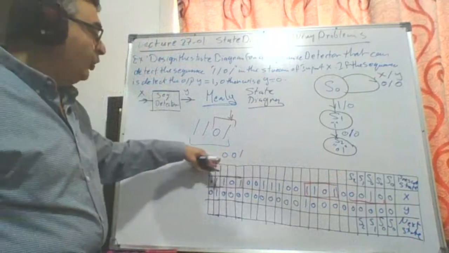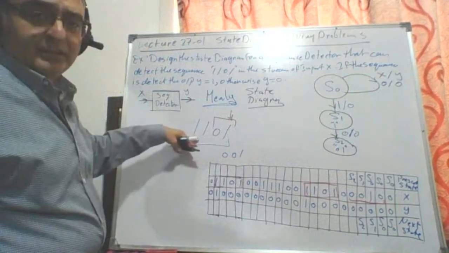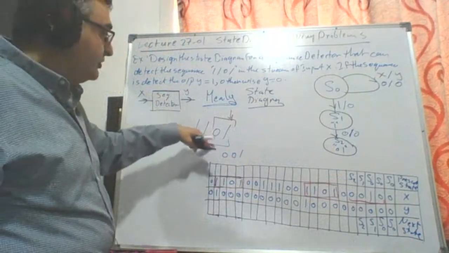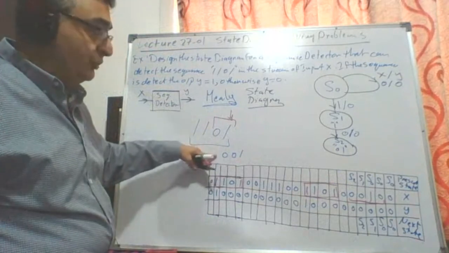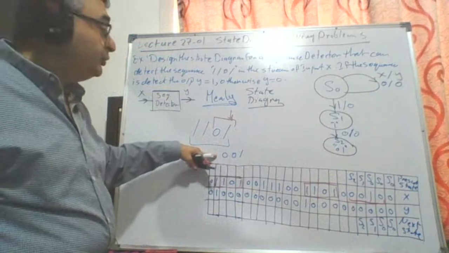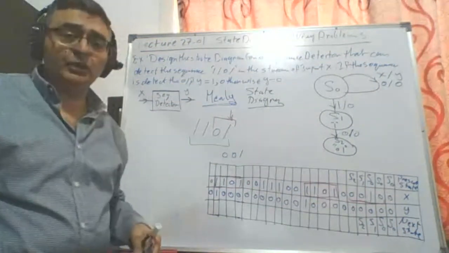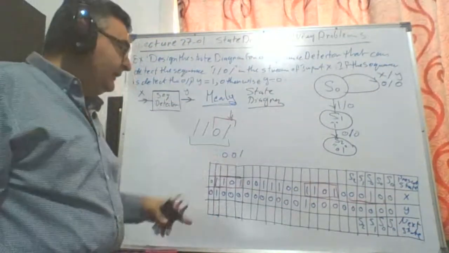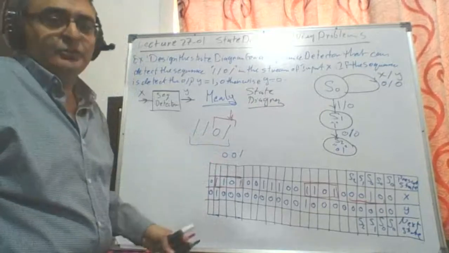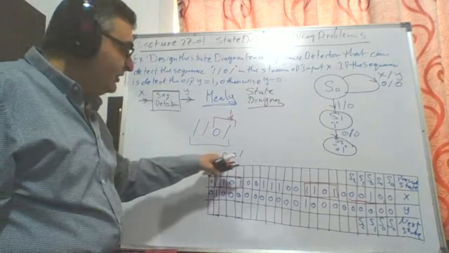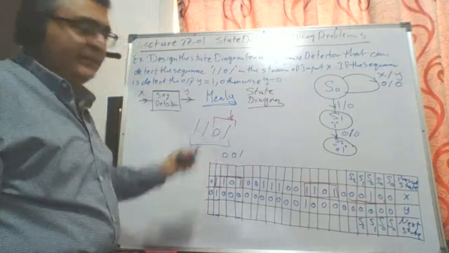Do you have any hope to complete the sequence? The answer is no, because the sequence needs 1, 0, 1, not 1, 0, 0. So do you want to keep any history? Is there any possibility that you will build the sequence? The answer is no, because these two zeros break the sequence.